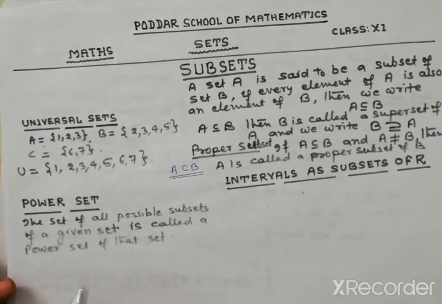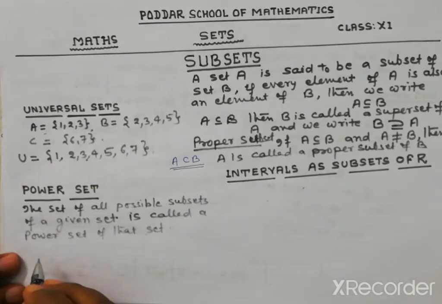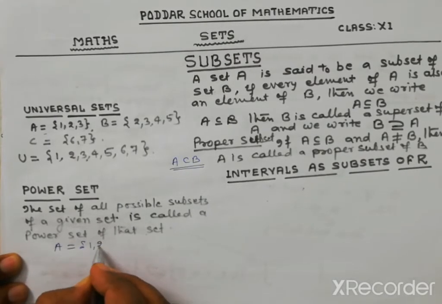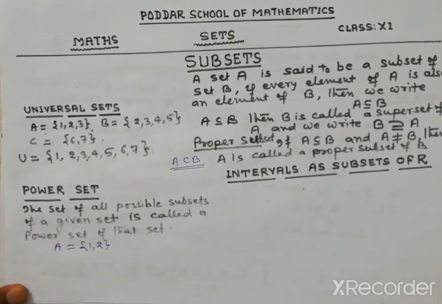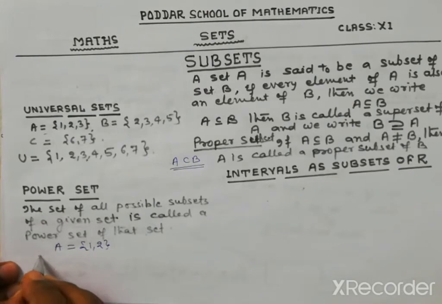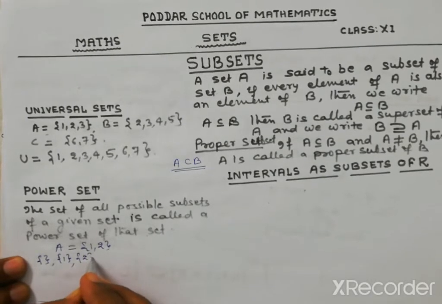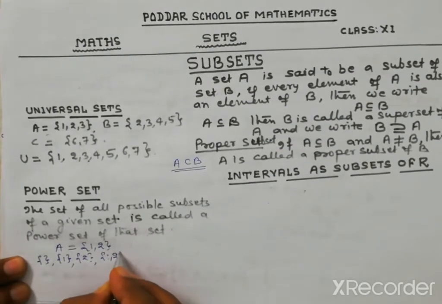For example, suppose A is equal to {1, 2}. If you find possible subsets of this set {1, 2}, then first one will be null set, second is {1}, {2}, {1, 2}.